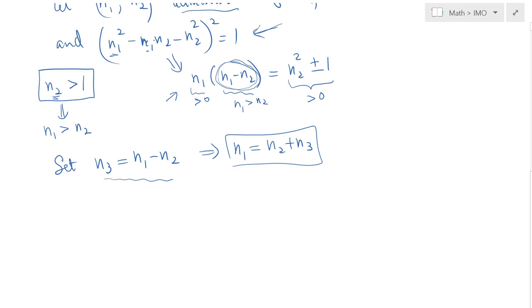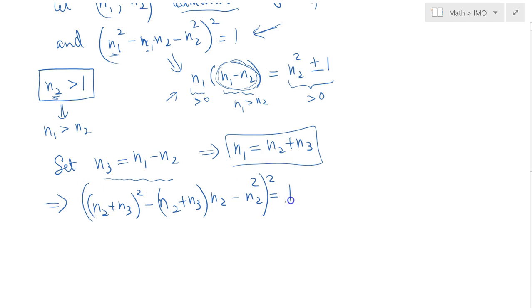So as a result, we would get, this implies that (n2 plus n sub 3) squared minus (n sub 2 plus n sub 3) times n sub 2 minus n sub 2 squared is equal to, well, squared, I guess, right? So squared is equal to 1.